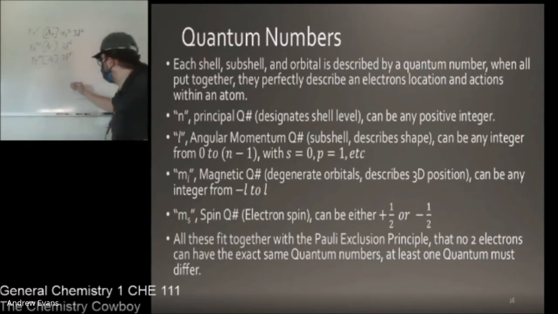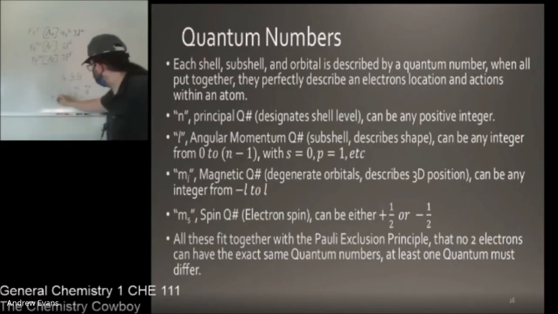If I'm given the example of just hydrogen, well, no, let's go helium. Helium has 2 electrons in 1s. One electron up, I'm going to call that electron A and electron B. Electron A would have n is 1, l is 0, m sub l is 0, and m sub s is plus a half.